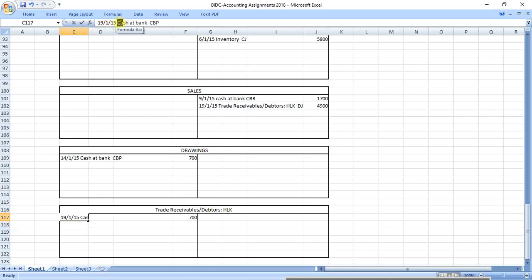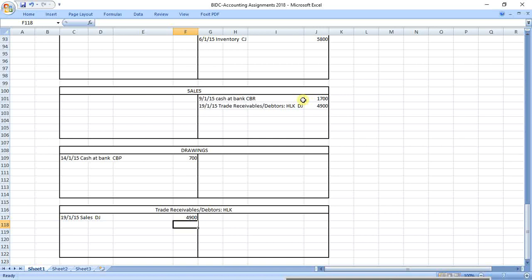This would have gone up because of sales. Debtors journal, 4,900. Okay, debit side is correct. 19th is correct. Reference the contra account, which is sales, debtors journal, and the same amount. Nice. Next.